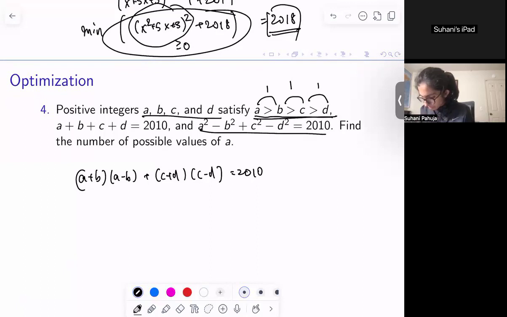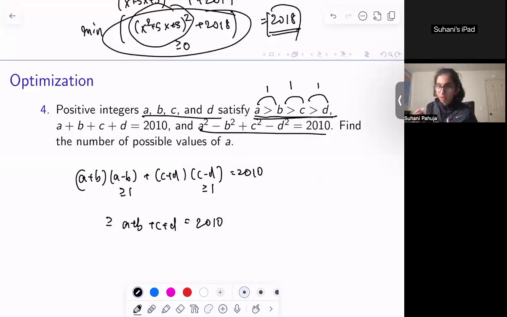So this means that basically a minus b is at least 1, so it's greater than or equal to 1, and c minus d is at least 1, so it's greater than or equal to 1, which means that (a plus b) times (a minus b) plus (c plus d) times (c minus d) is at least a plus b plus c plus d, which is equal to 2010 as well, which means we want the equality case.